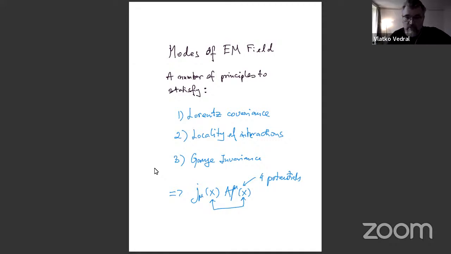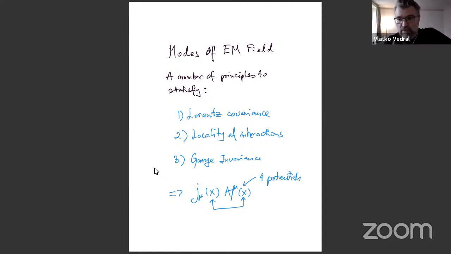As you know, the principles that we really adhere to very strongly, and I think most of us would be extremely reluctant to give them up, is obviously the relativistic Lorentz covariance. That's something that not only makes sense theoretically from various angles, but of course has never really been violated experimentally. There is this locality of interaction, which of course has been challenged too.